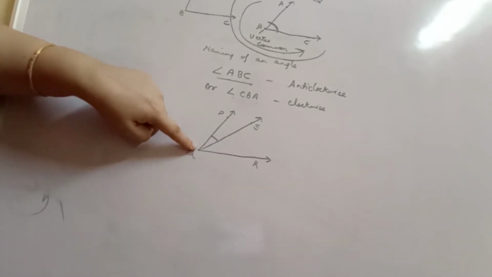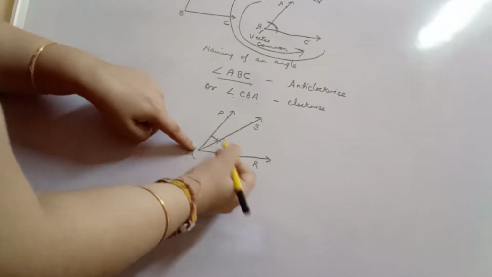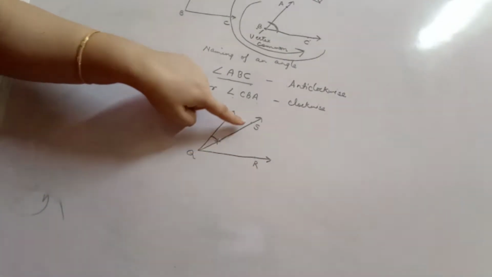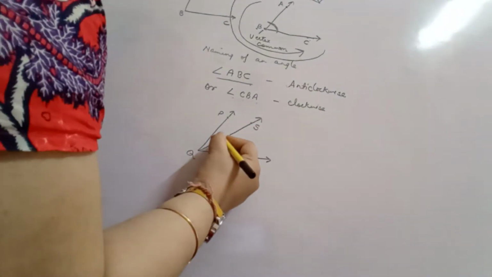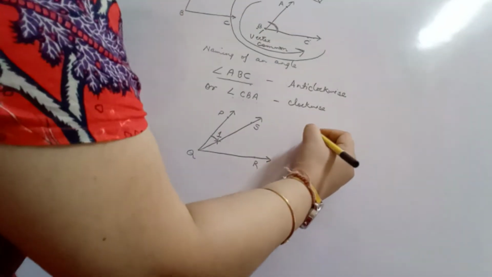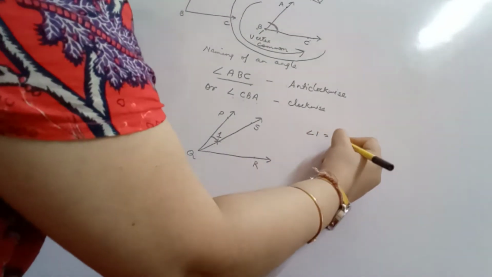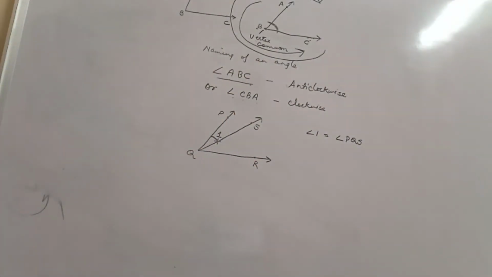And what is the third point? Since you have to reach this location, I will say PQS. So I name it as angle 1. So angle 1 is equal to angle PQS.